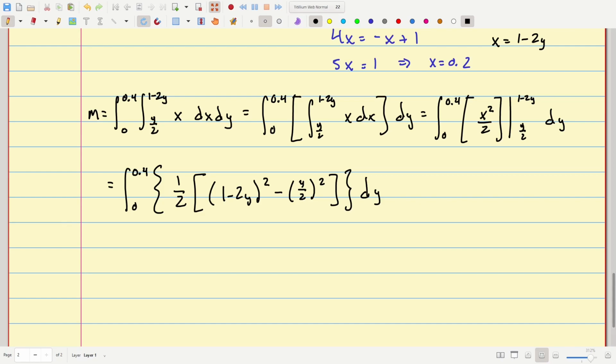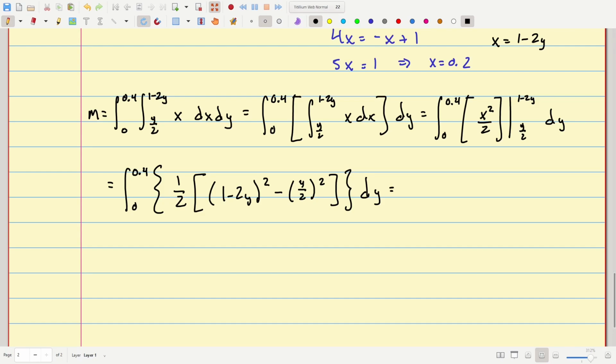So it looks like this. Okay, we factor out a 1/2 just because it's in the way. All right, and then I'm left with the other stuff where my expressions for y are getting squared.